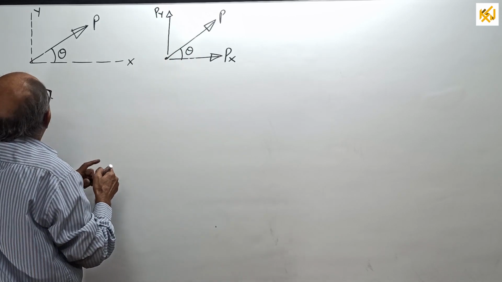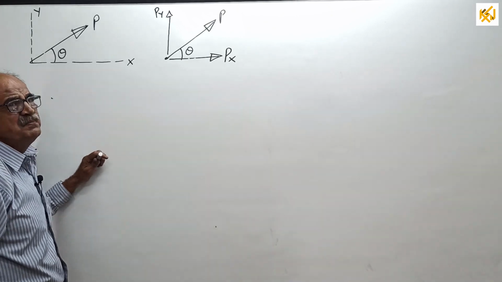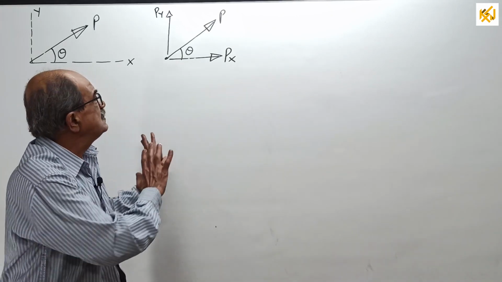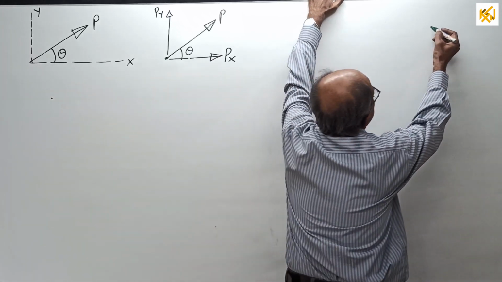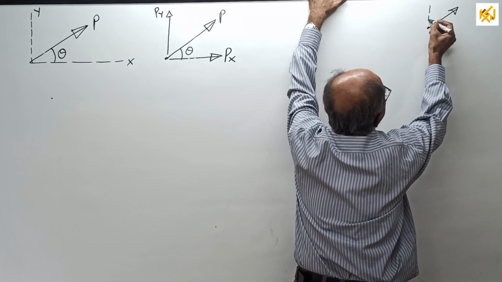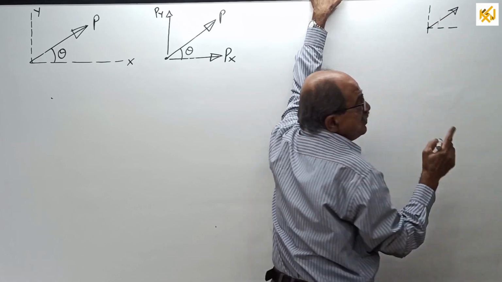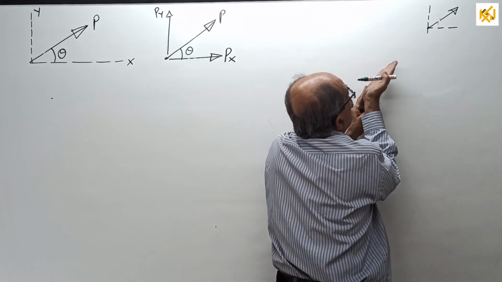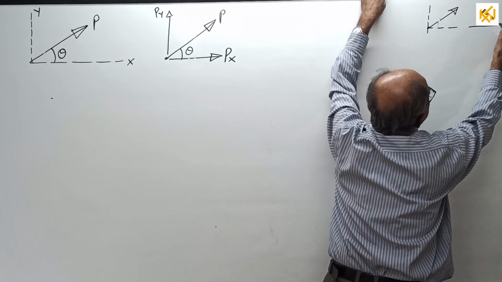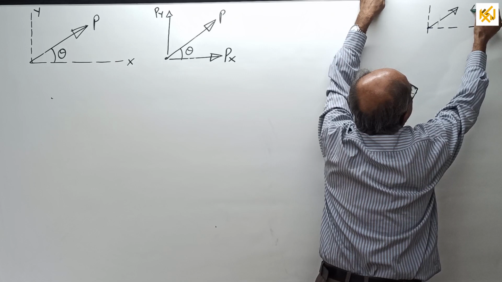Now, one more thing. This is very simple to understand. Now I will make it clear somewhere there, so I want this space. If the force is like this, when you resolve into components, the force is going like this. The X component will be like this and the Y component will be like this.